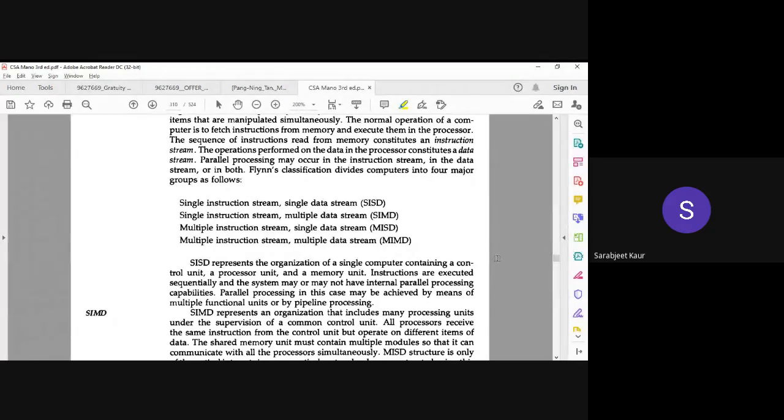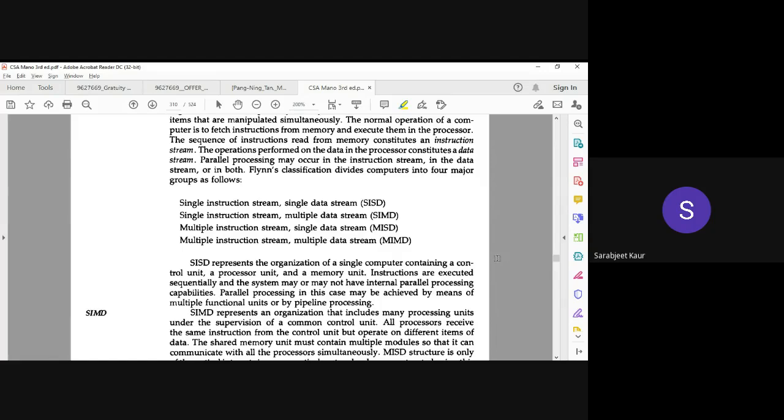So here we are generally talking about a von Neumann kind of architecture that I explained to you earlier in one of my introductory classes, where we have a single control unit, and a single ALU and a single MU. So one control unit, one ALU, one MU.